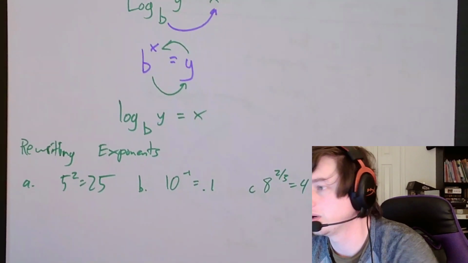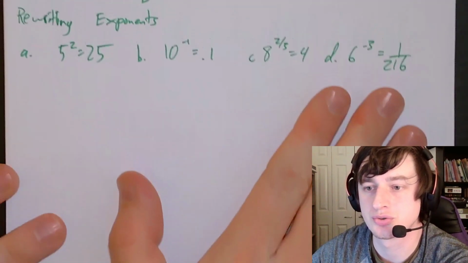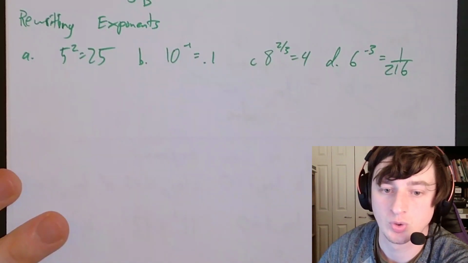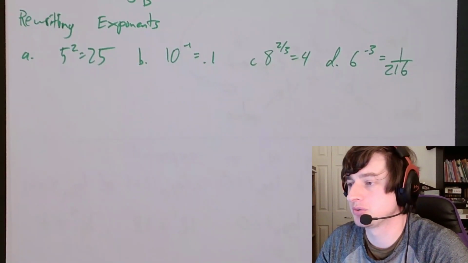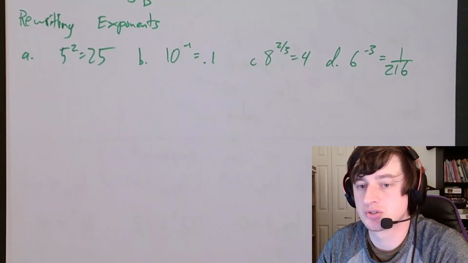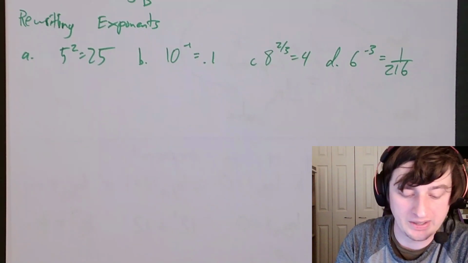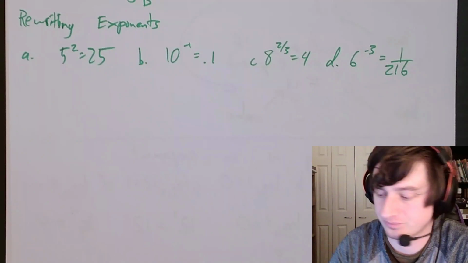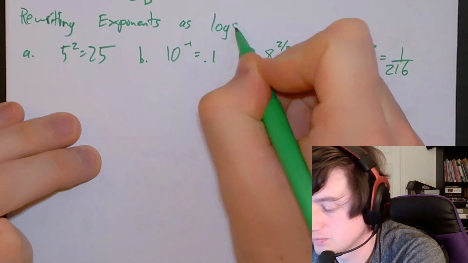Okay, but the numbers are not what we're worried about right now. We're just going to assume that these are all true statements. We could plug them into a calculator and check, but we're just going to assume that they're all true, and our goal is to just rewrite them in logarithmic form. So our answer is going to have a log in it. So we're rewriting the exponents as logs.